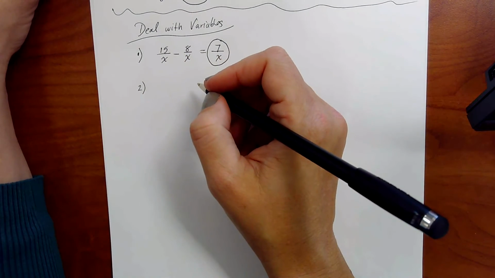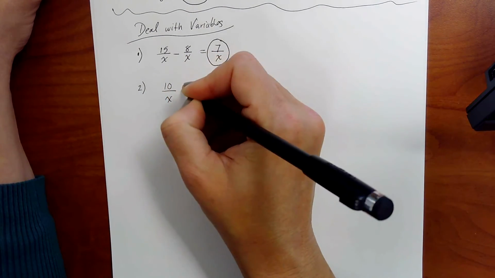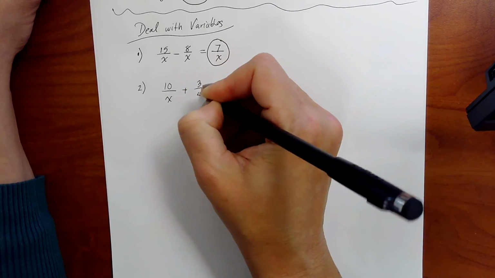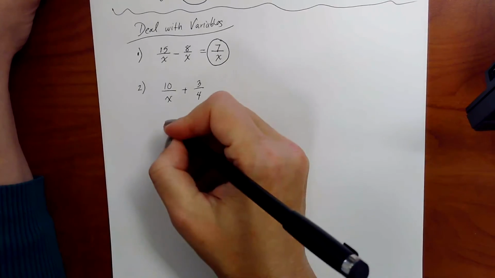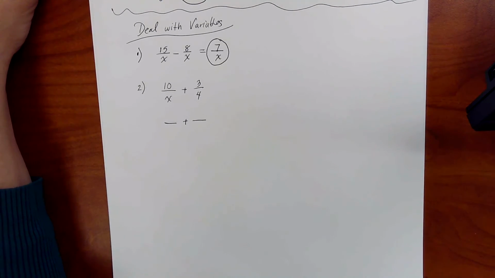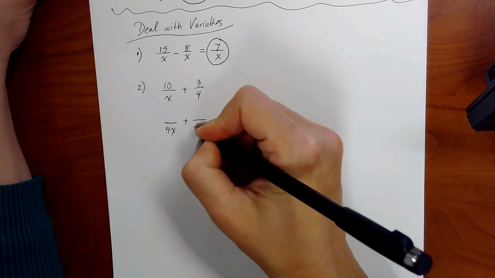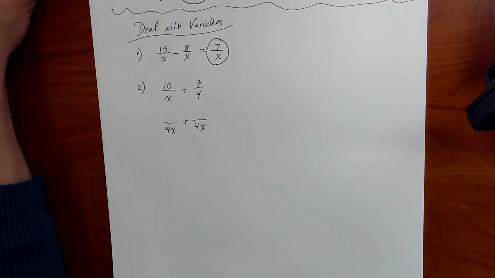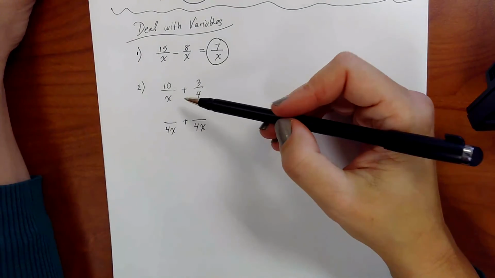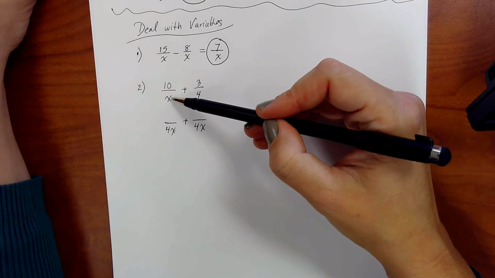So if it's already a common denominator, fine, nothing new there. All right, let's try one without a common denominator. So how about 10 over x plus 3/4? Man, what would your common denominator be for 4 and x? I mean, I guess you'd have to just stick them together, right? 4x. So your common denominator would be 4x. Now, let's do the puzzle here. X times what gets you 4x? Well, times 4.